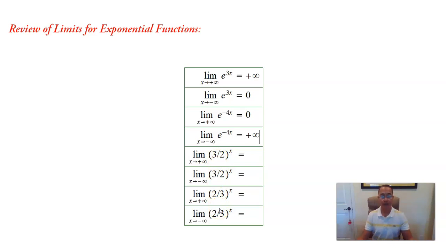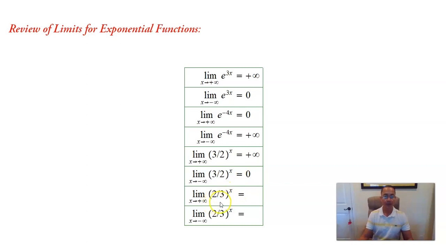Recall that when the base is bigger than 1, you have an increasing function because ln of 3/2 is a positive number. So you get e to the ln of 3/2 times x, which has a positive coefficient, just like our 3x over here. So the pattern will be similar to e to the 3x. At infinity, you are going to get infinity also. But at minus infinity, you are going to get 0.